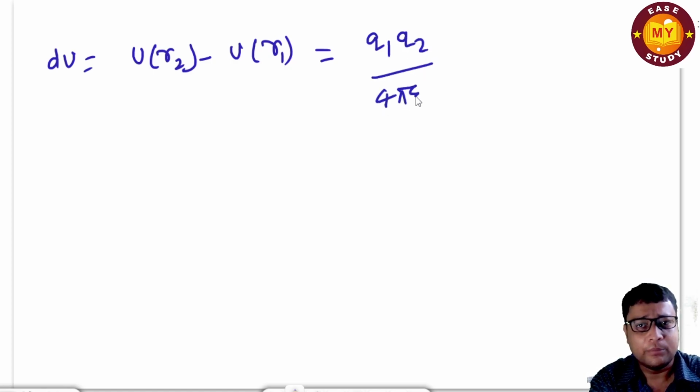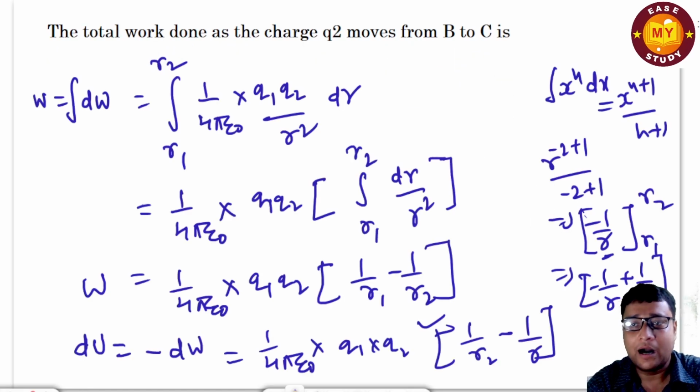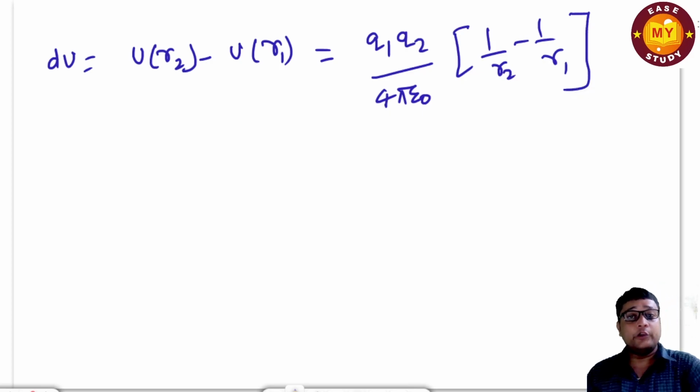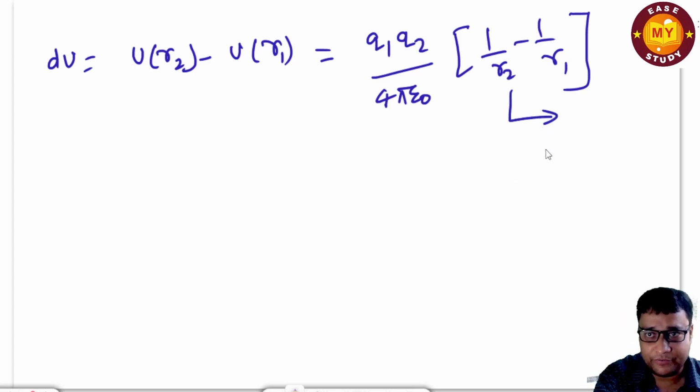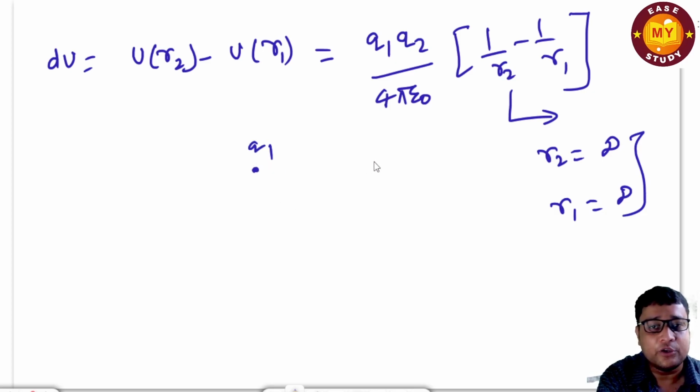This formula you can write in any form: 1 by 4 pi epsilon naught q1 q2 into 1 by r, what you have got here, r2 first, minus 1 by r1. Now if the separation between these two charges is very far, if r2 is equal to infinity and r1 is equal to infinity, meaning the separation between q1 and q2 is very high, then in that case dU will be 0.